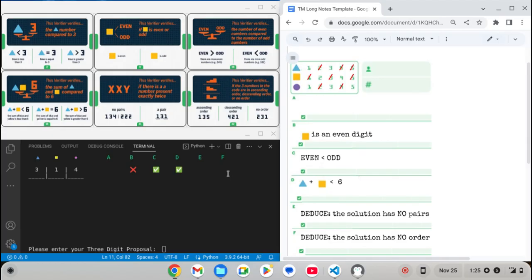So that circle value will have to be forced into a particular odd value. So we do know that it has to be odd, and more than likely in combination with criteria card E and F, they're not going to be paired up, and they should have no order. So let's see, is it worth listing out possibilities? Let's see.